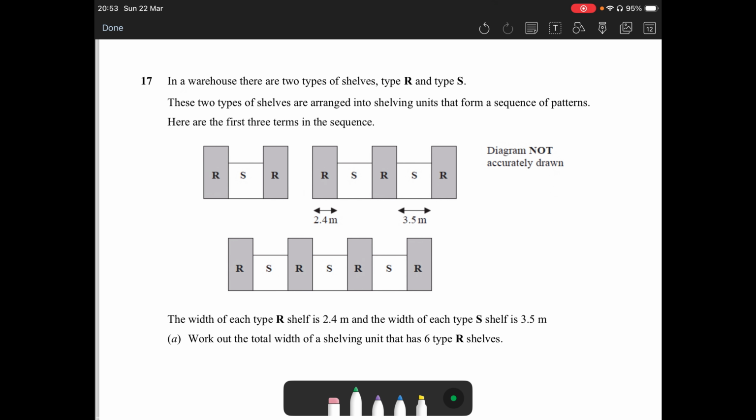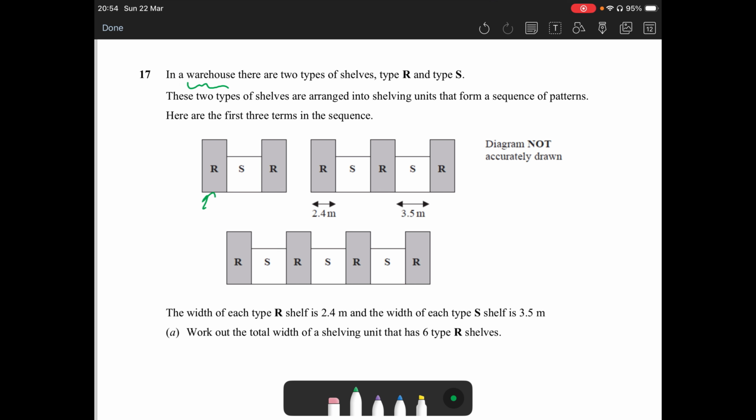Okay. So let's think about this. Could we make a formula that describes the number of R's?